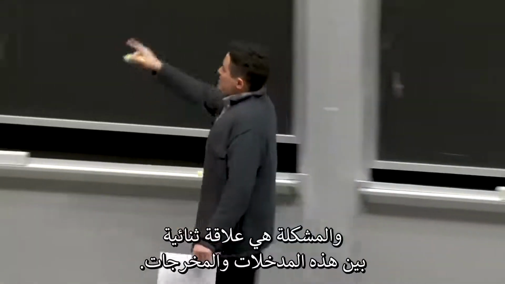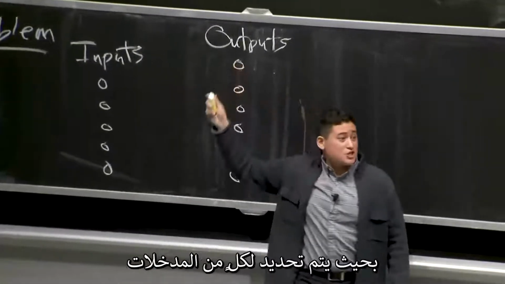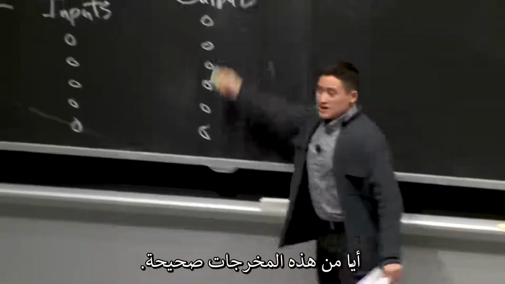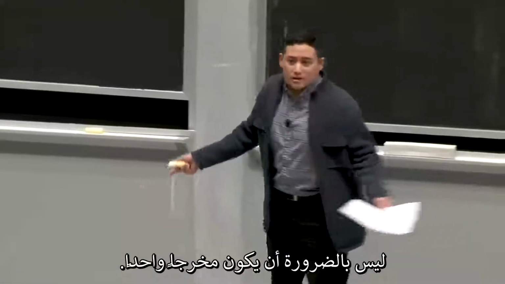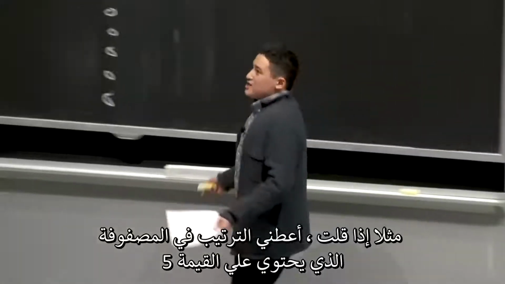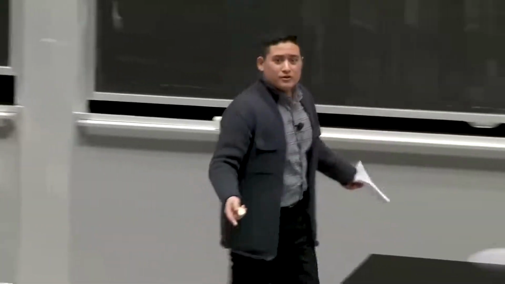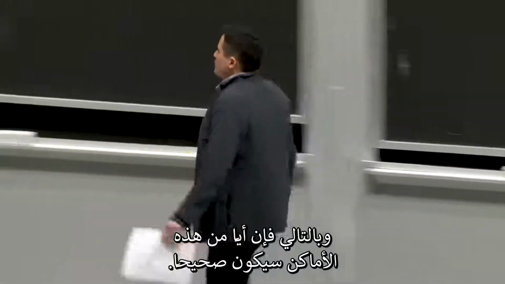And a problem is a binary relation between these inputs and outputs. Essentially, for each input, I specify which of these outputs is correct. Right? It doesn't necessarily have to be 1, right? If I say, give me the index in an array containing the value 5, there could be multiple 5s in that array, and so any of those indices would be correct.